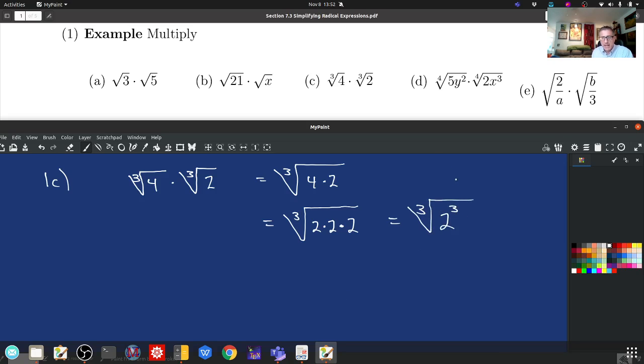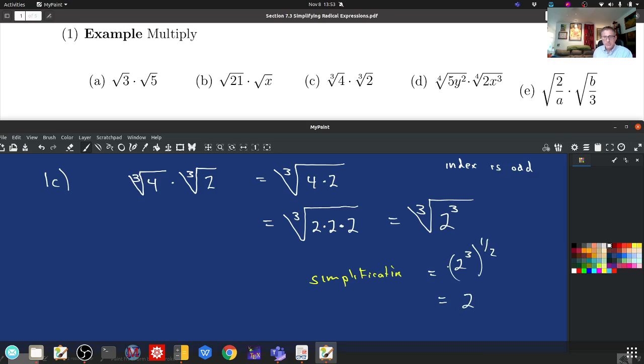And since our index is odd, we can actually simplify this even more. That's equal to 2 to the third raised to the 1/3, so that's just equal to 2.